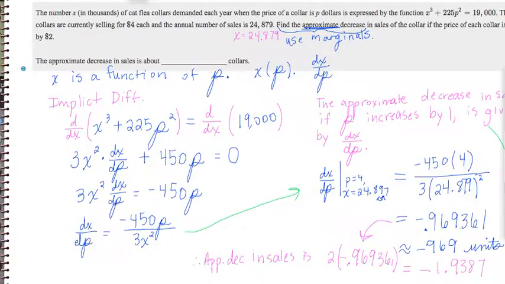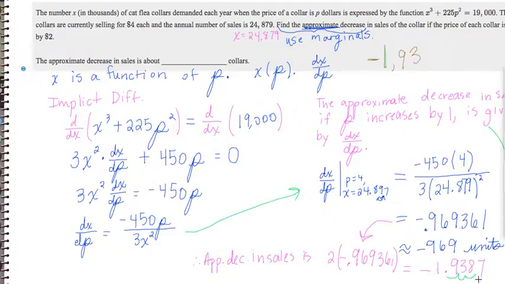Okay, move your decimal over 3 places. So it looks like sales will decrease by negative 1,938 units, depending on how you round.